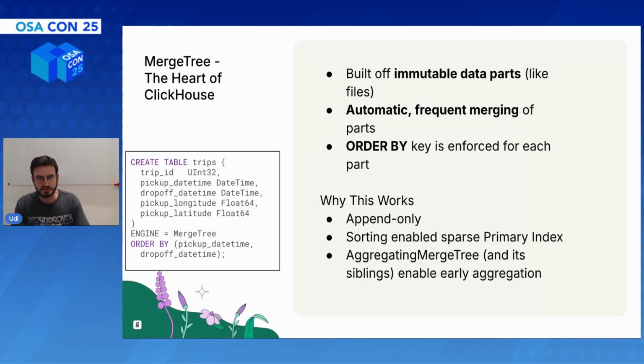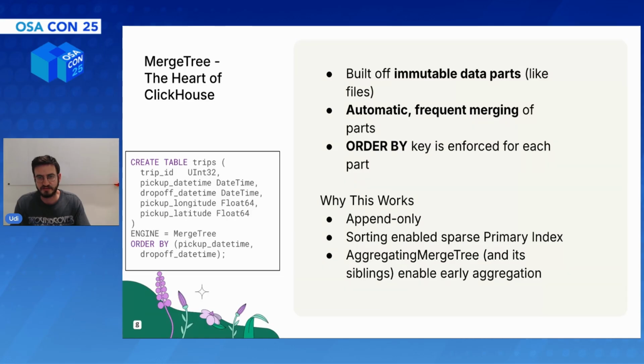So merge tree is built of immutable data parts, with the surprising name of parts, and every write is flushed to disk as a new part. ClickHouse in the background automatically and frequently merges existing small parts into bigger parts. Each part is sorted according to the order by key defined in the table schema.